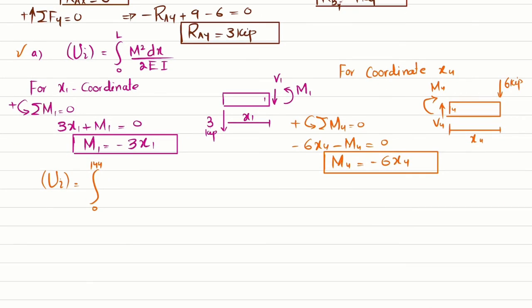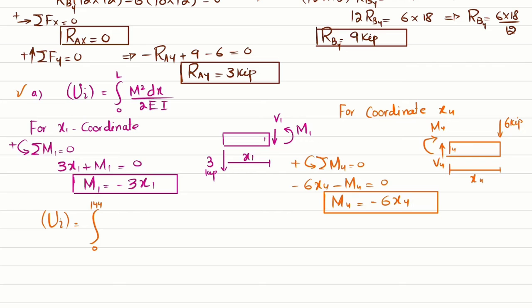So we will put the value of M1. M1 is minus 3x1 squared dx divided by 2EI plus the integral from 0 to 72, and M4 is minus 6x4 whole squared dx divided by 2EI.